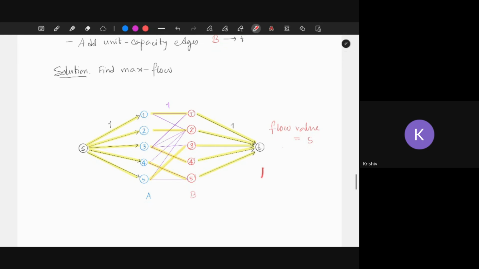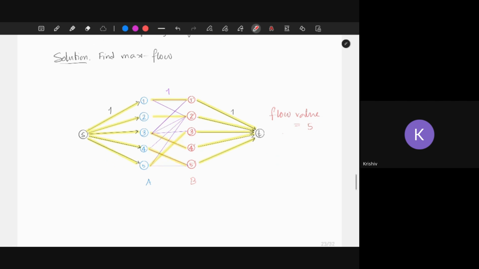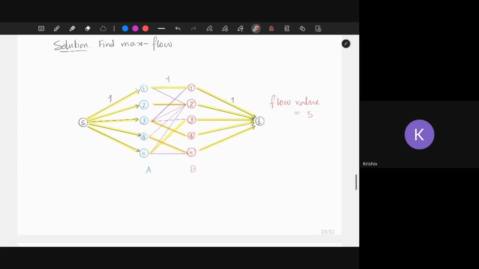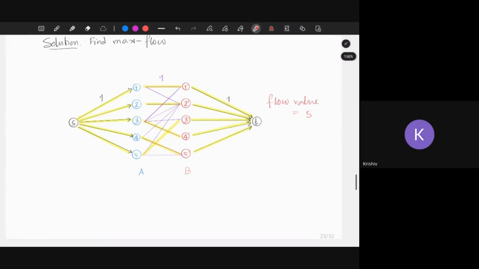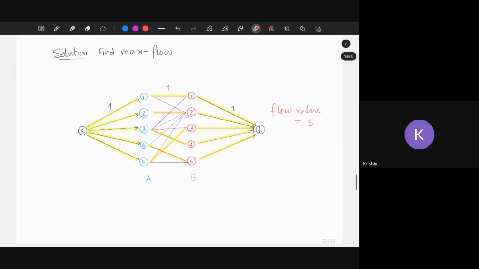Here you need to find the augmenting path as well. With this you can find a perfect matching, or maybe a maximum matching.